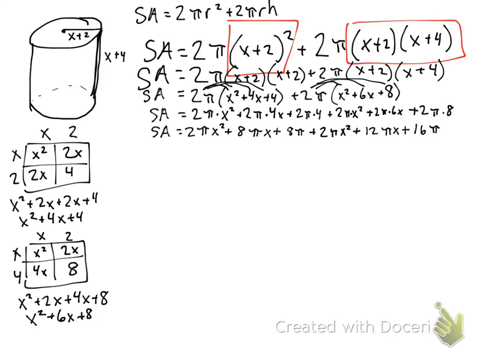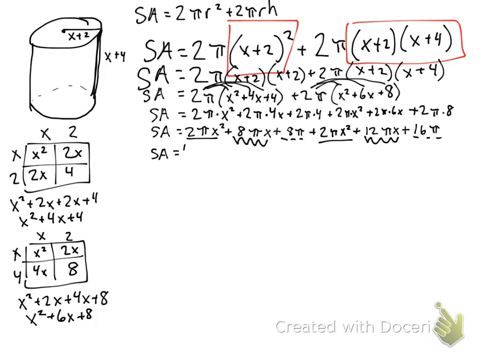Last step here. Okay, we need to combine like terms. So I'm going to put a straight line under this one, straight line under that one, zigzaggy under this one, zigzaggy under this one, and let's just do a dotted one for that one. Doesn't matter what pattern you use, but I'm going to combine the straight lined ones. So SA is equal to 2 pi x squared plus 2 pi x squared. All I have to do is add the coefficients.